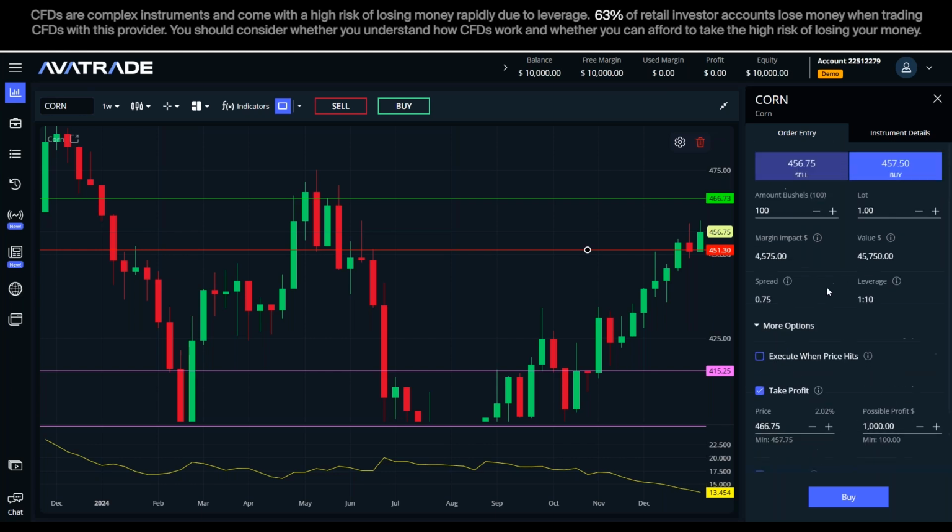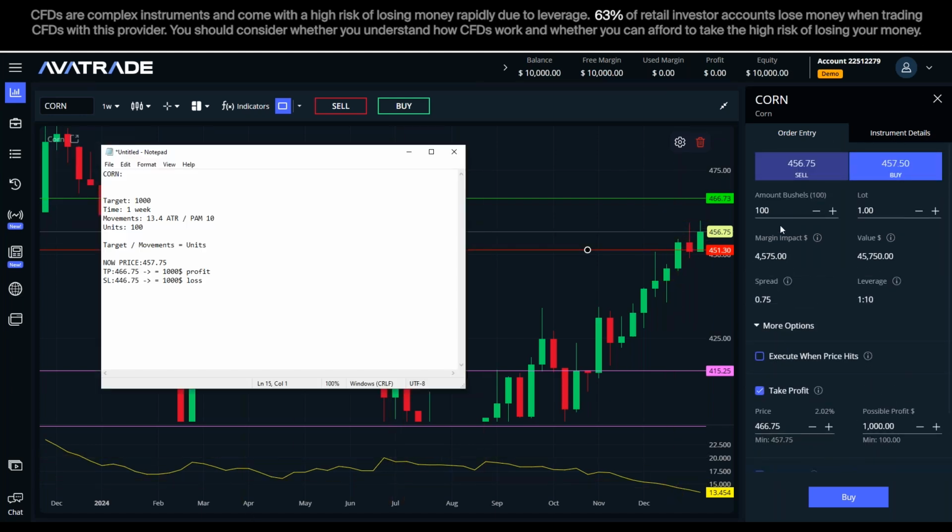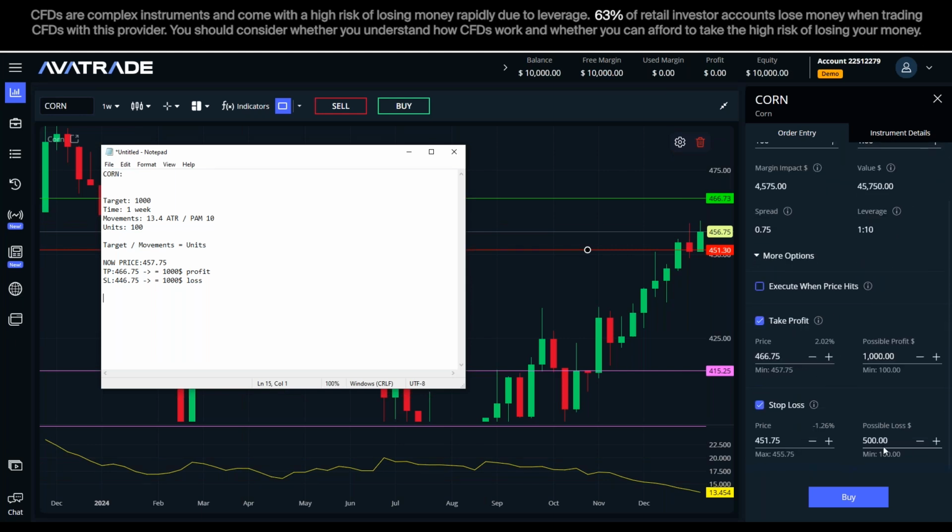Instead of a $10 difference, this is a $5 difference, and $5 over 100 gets us 500. This way I can minimize my exposure while maintaining my possible profit.